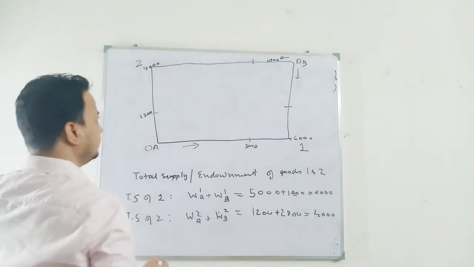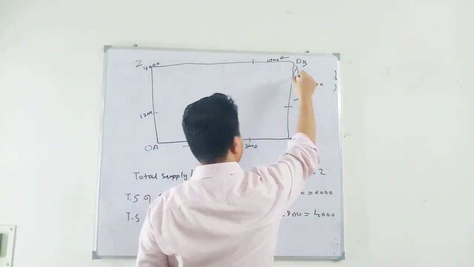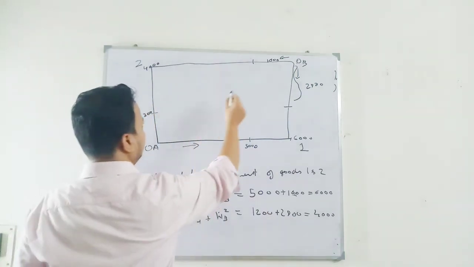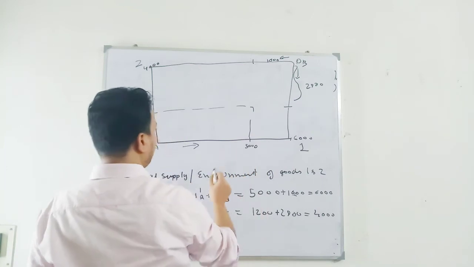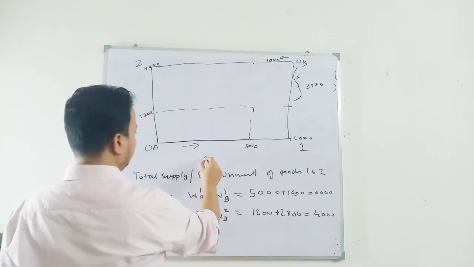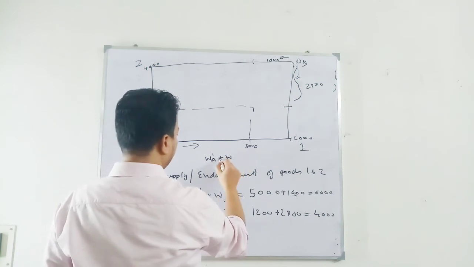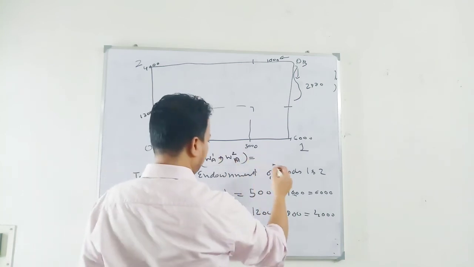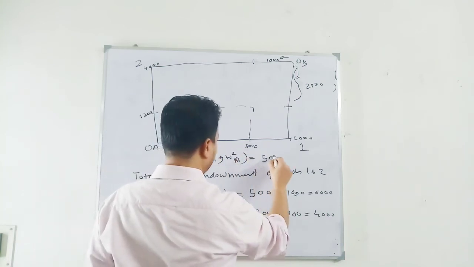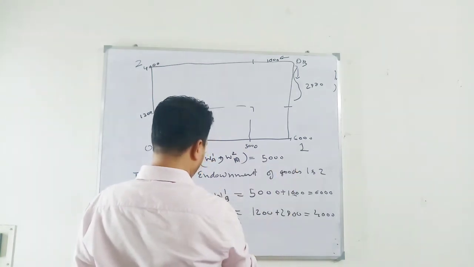This total will be 2,800, in this direction. So I know the point; just join this point with this one. So I get the endowment of consumer A, of both goods: 5,000 of good 1 and 1,200 of good 2.